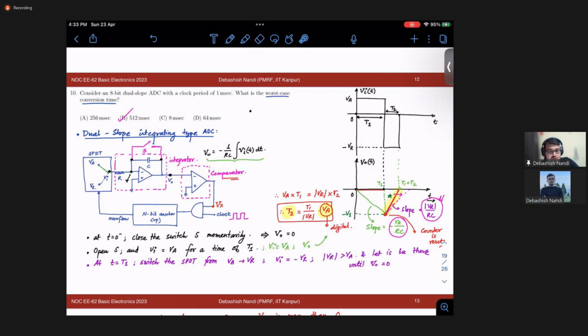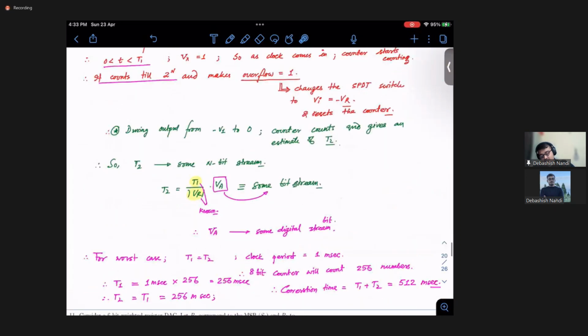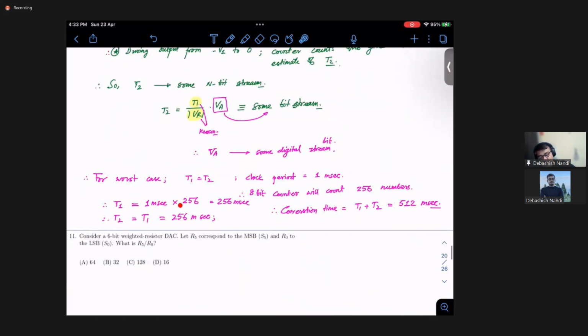Okay. So what is the worst case? When mod VR is equal to VA, then in the T2 duration also I will have 2 to the power n count. Fine. So 2 to the power n count requires 2 to the power n into 1 clock period. So that's what we have done: 2 to the power 8 into 1 clock period. That is for this cycle, and for T2 we will have a similar amount of time.